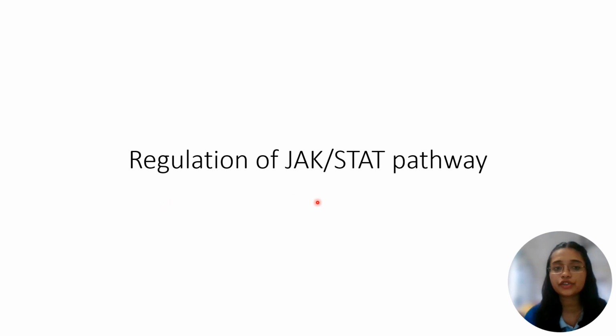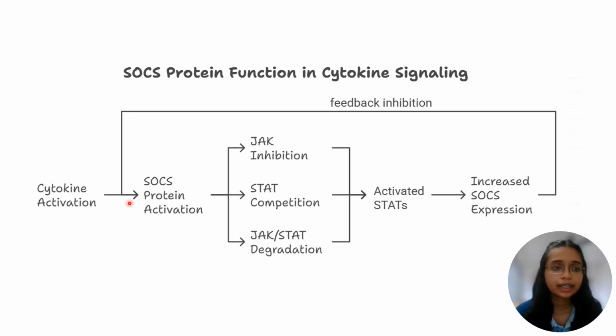So let's see the regulation of this JAK-STAT pathway. Here this SOCS protein can get activated by cytokines, and when this SOCS protein is activated, it inhibits JAK, it competes with STAT, and it also degrades this JAK-STAT dimer.